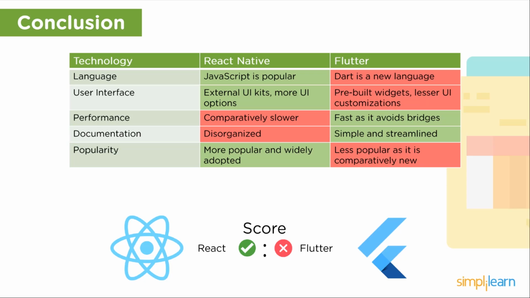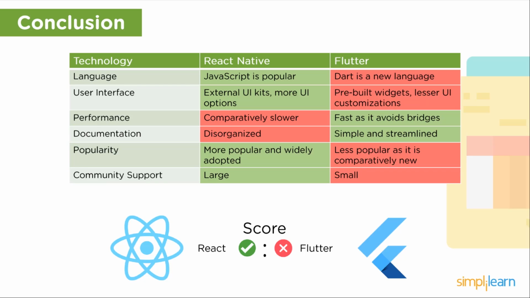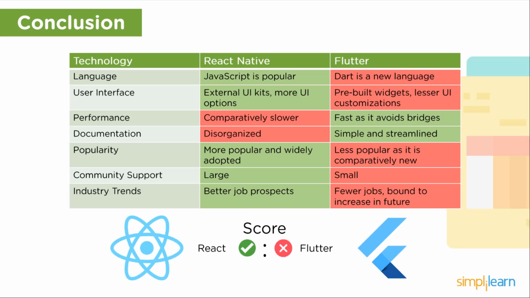Flutter needs you to learn new skills and you need to spend additional time for that. From a community support perspective, React Native has been there for a longer time as compared to Flutter, and hence has a stronger community support. And that translates into better job prospects in the industry for React Native as compared to Flutter. So if we were to give it a score, React scores much better with a total score of 5, leaving Flutter with a total score of 2.